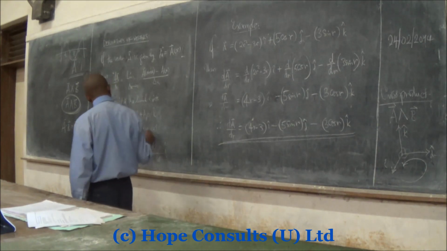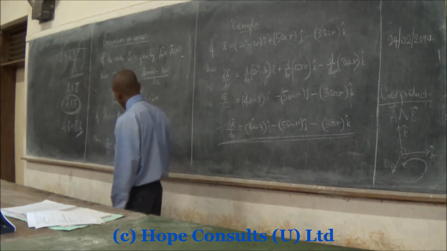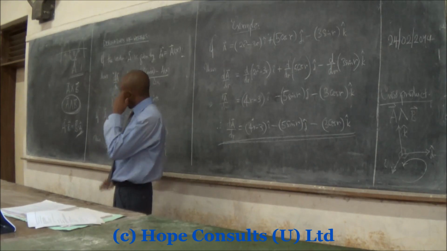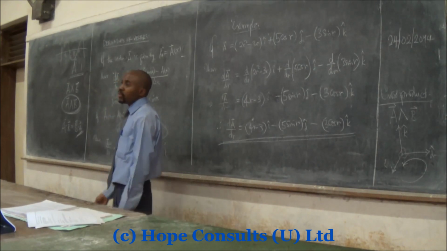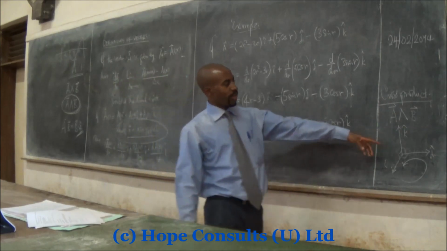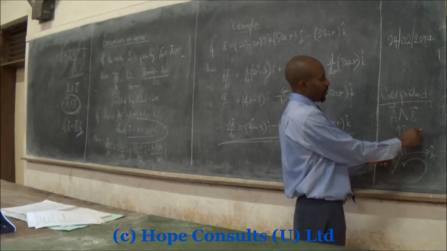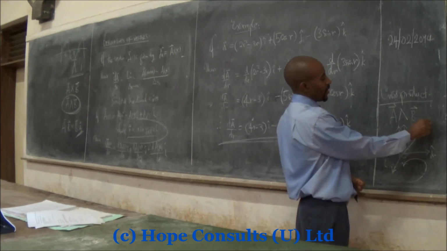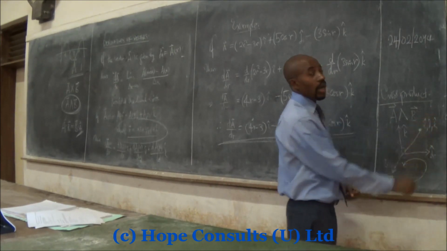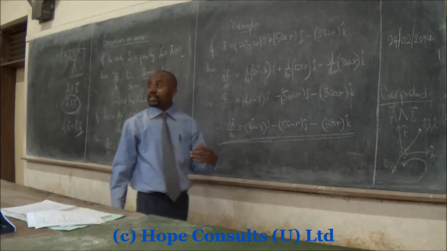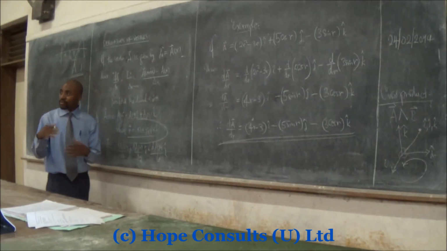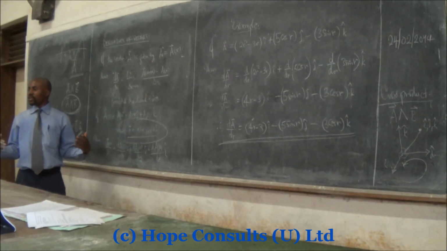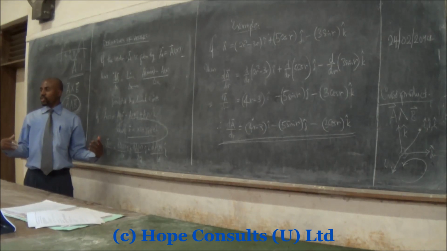And that's why I said this R here is a position vector. And that position vector within a given space can be given by i, j and k, depending on how far they are from the given position, I mean the origin.